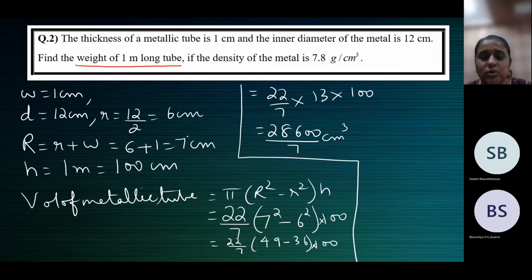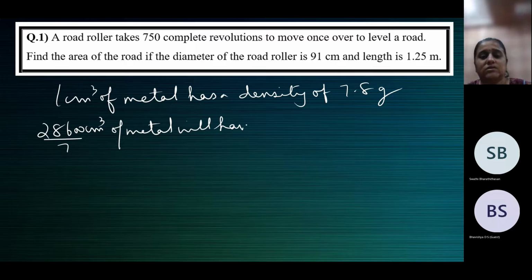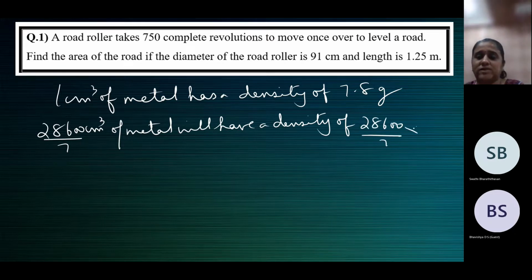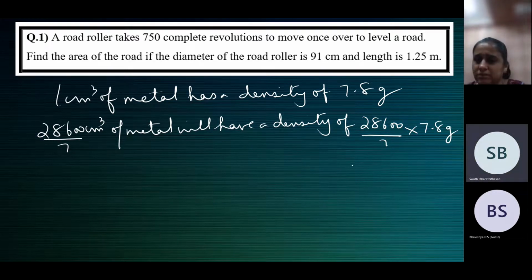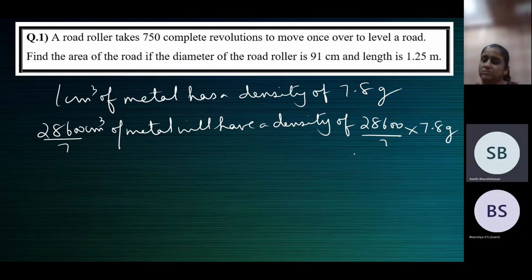So 28600 by 7 centimeter cubed of metal will have 28600 by 7 into 7.8 grams, correct? Yes, ma'am. So we can write it as 78 by 100. Next step, we can cancel 78 by the zero, giving 78 by 10. Yeah, you can.